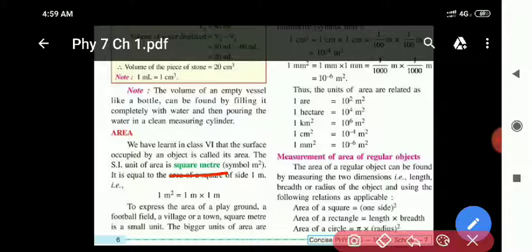To measure the area of smaller things, we use the square meter, and if we have to measure the area of larger things, then we use hectare or square kilometers.